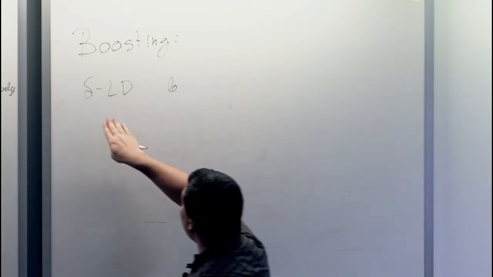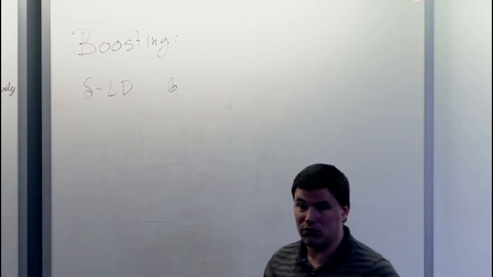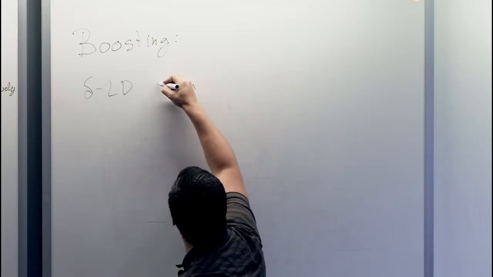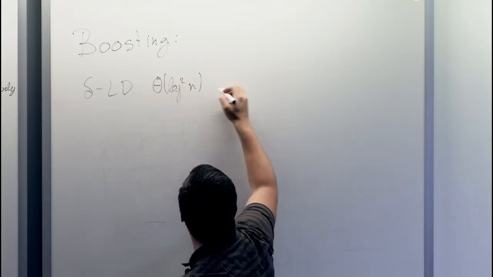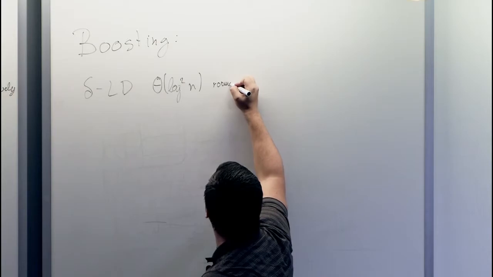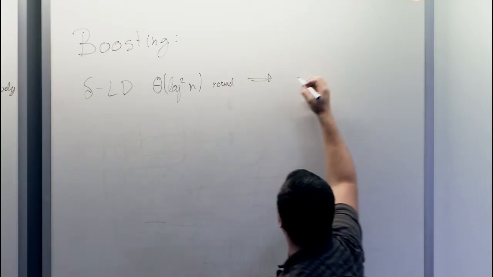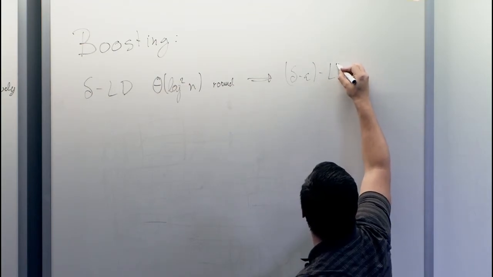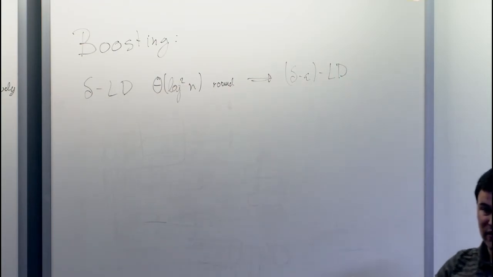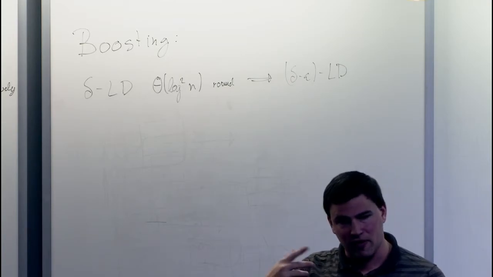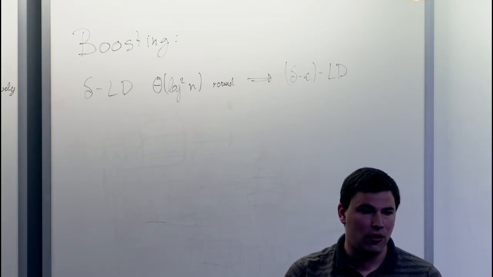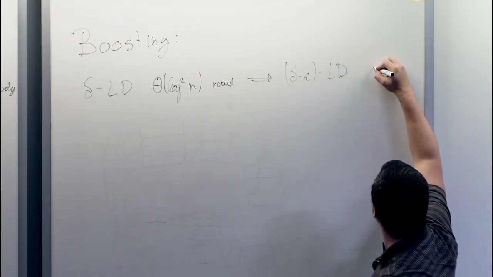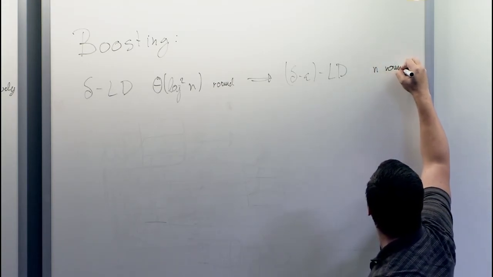So what we want is, suppose that I have a list decoder that runs for some constant times log squared many rounds. I want to get a list decoder which basically achieves more or less the same, tolerates the same error rate, has similar efficiency up to a constant, similar list size up to a constant, but works for an n-round protocol.